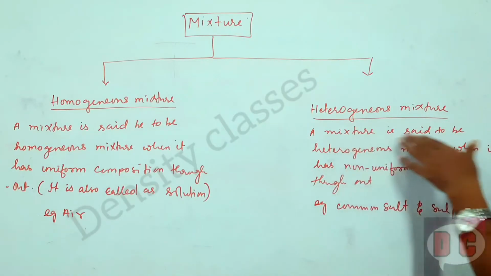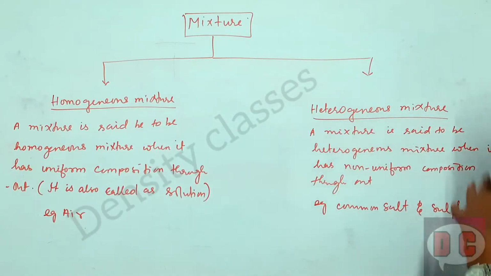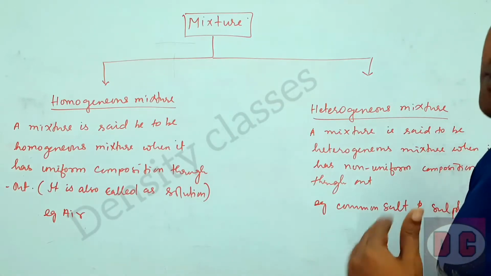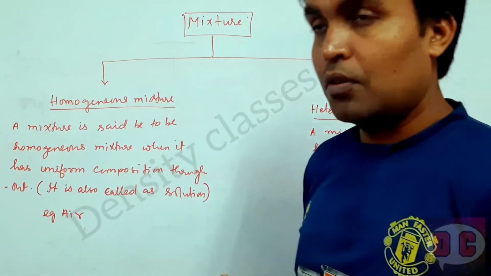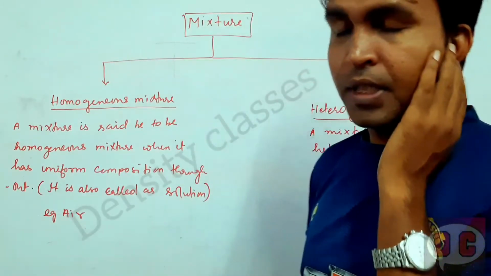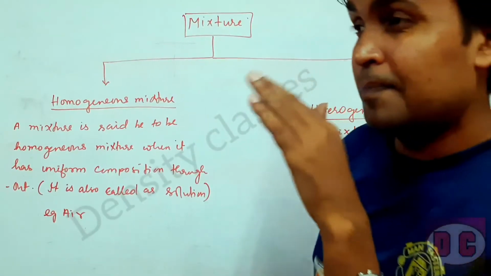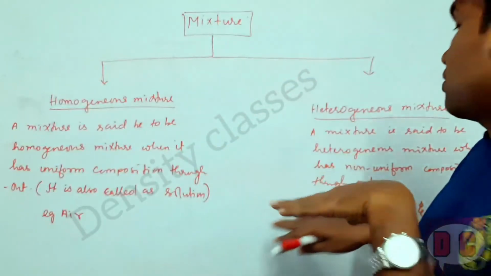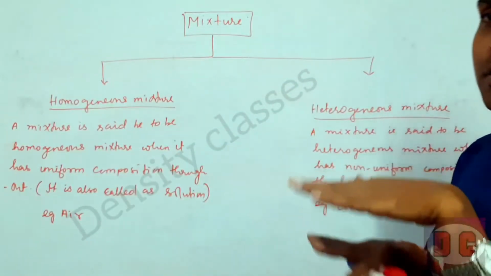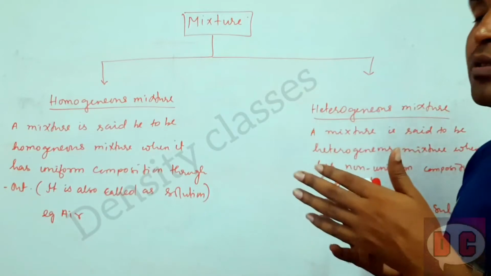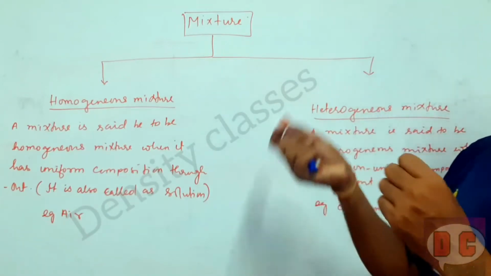A mixture is said to be heterogeneous when it has non-uniform composition throughout. That means the composition is different everywhere, and it consists of two different components which we can easily see, like water and kerosene.